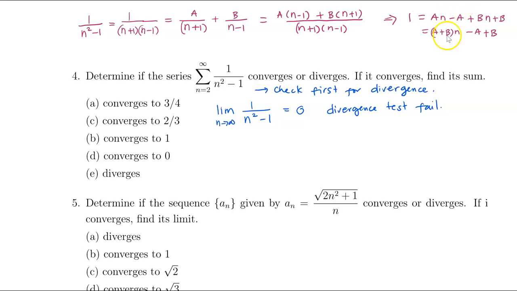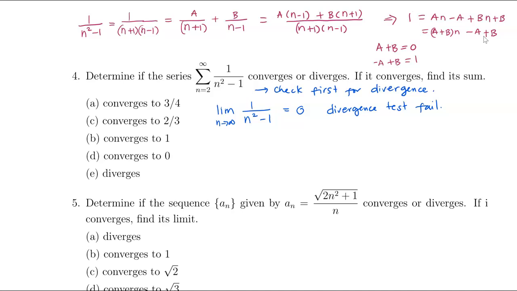By comparing coefficients, we know that a plus b is equal to 0 because there's no n here. And then the constant, negative a plus b, is equal to 1.